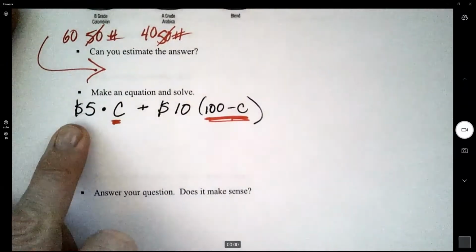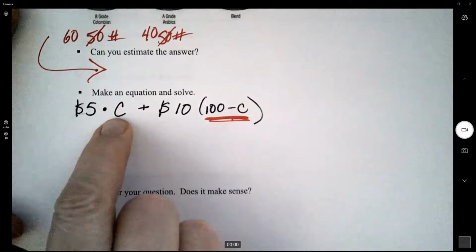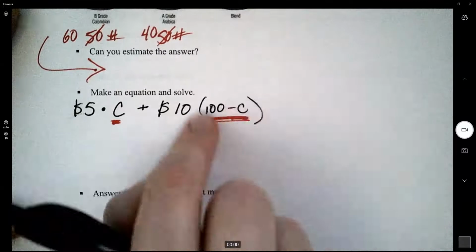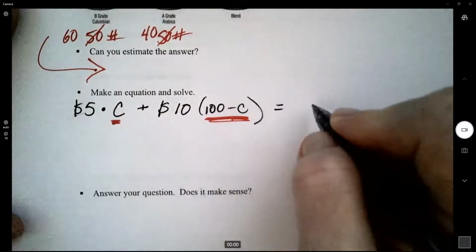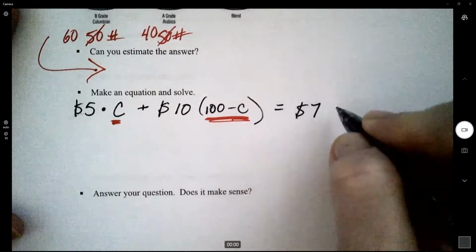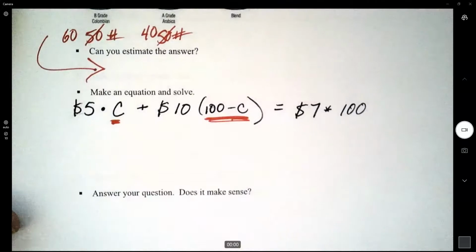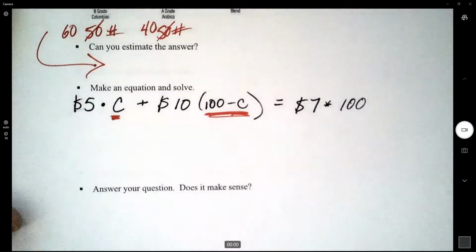So we're going to make $5 for every pound of grade B coffee, plus $10 for every pound of grade A coffee. And we want those two costs to come out to $7 times 100 pounds total of the mixture. So this is going to be our equation to use.